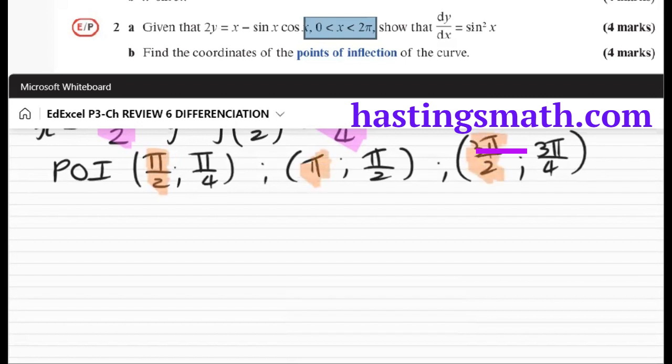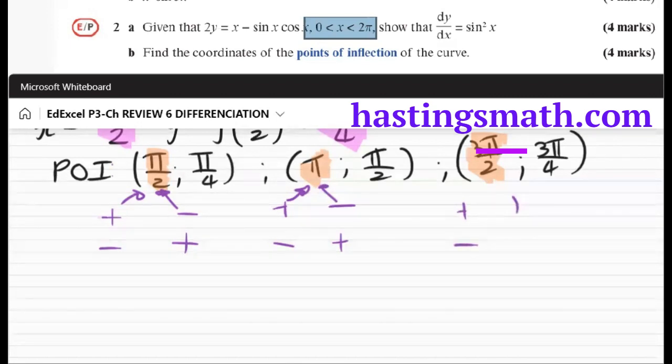So it's either going from positive to negative or from negative to positive on either side of this x. And that will make it a point of inflection.